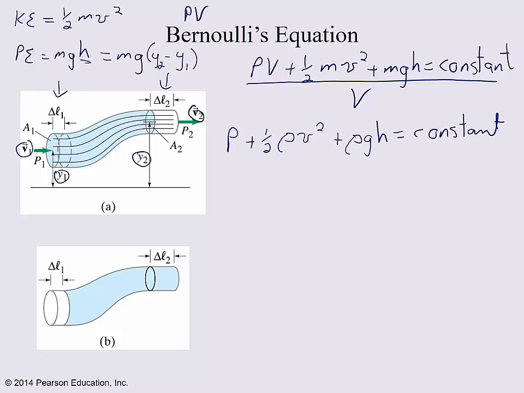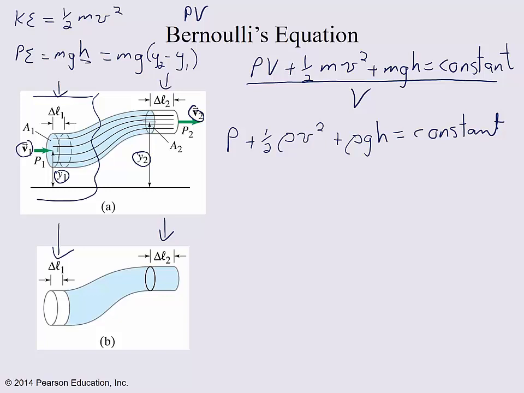This is true within one section of our pipe, but if I want to talk about not just one section of the pipe, but I want to compare section A at the lower level to section B at the upper level, then what I really need to be looking at is keeping in mind that equation of continuity. What's true at the beginning must be true at the end.